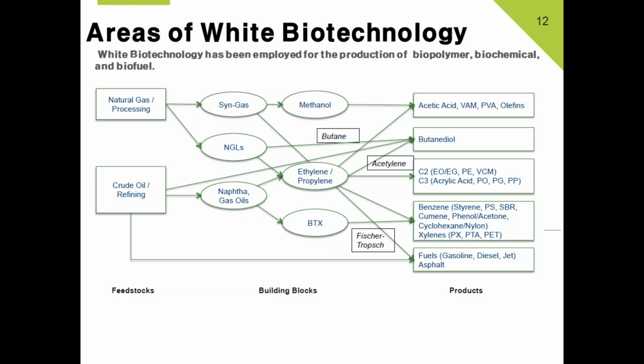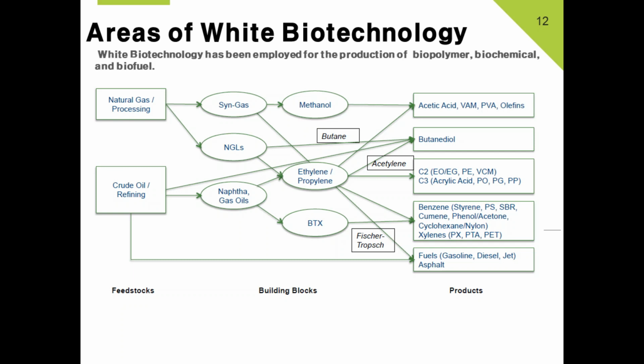Now, the main building blocks from these two feedstocks are syngas or synthetic gas, methanol, ethylene, propylene, naphtha, gas oils, and these are further used for other products like acetic acid, butanediol, C2, which stands for chemicals that have two carbon backbones to it. So we mainly refer to them as C2 or C3 type of products.